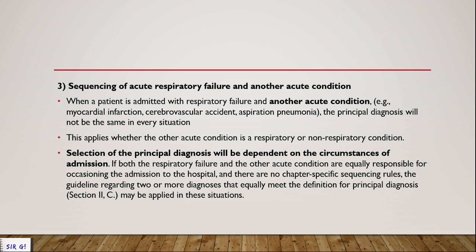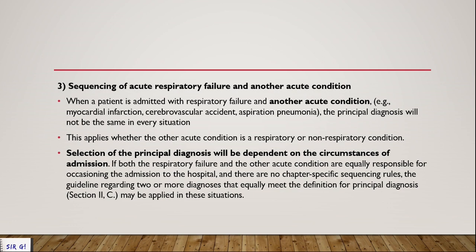So when a patient is admitted with respiratory failure and another acute condition, such as myocardial infarction, remember your AMI when I discussed chapter 9, that is acute myocardial infarction, or acute cerebrovascular accident, or aspiration pneumonia, the principal diagnosis will not be the same in every situation. So this applies whether the other acute condition is a respiratory or non-respiratory condition. So sequencing or selection of your primary diagnosis is dependent on the circumstances of the encounter. What if they qualify both?